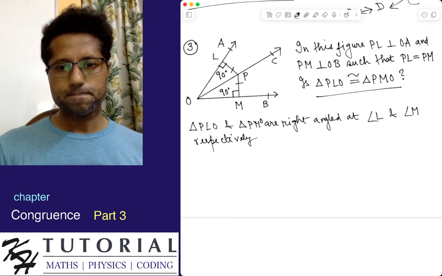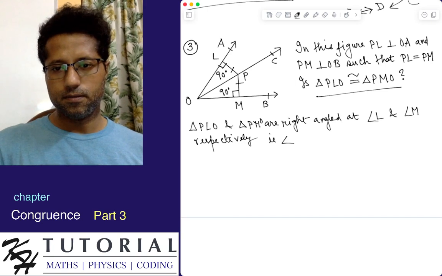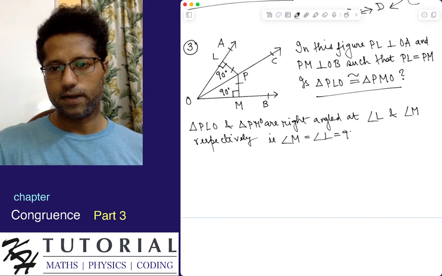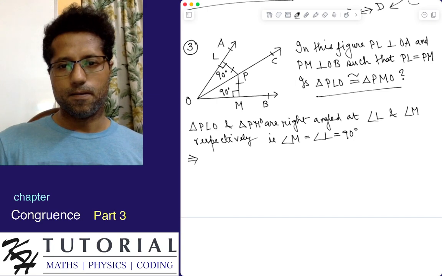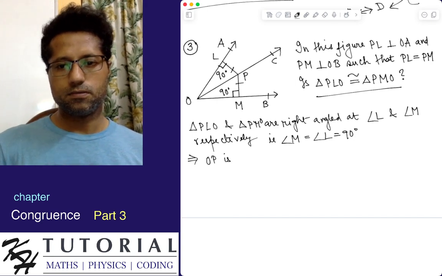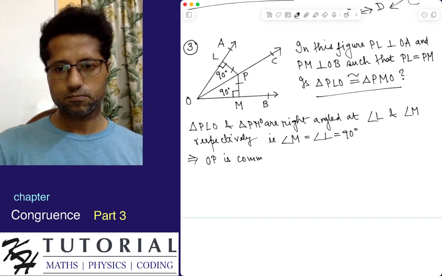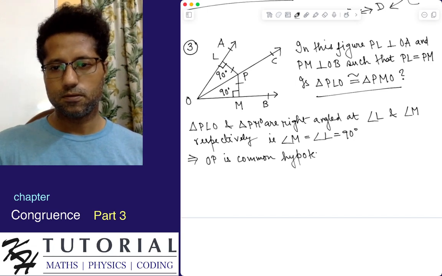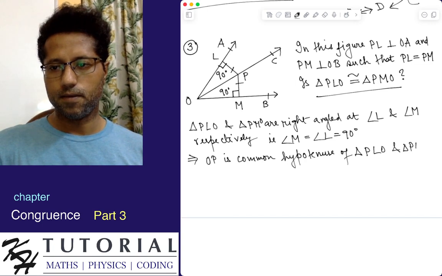Okay. That is, angle M is equal to angle L is equal to 90 degrees. This implies that OP is the common hypotenuse of triangle PLO and triangle PMO.